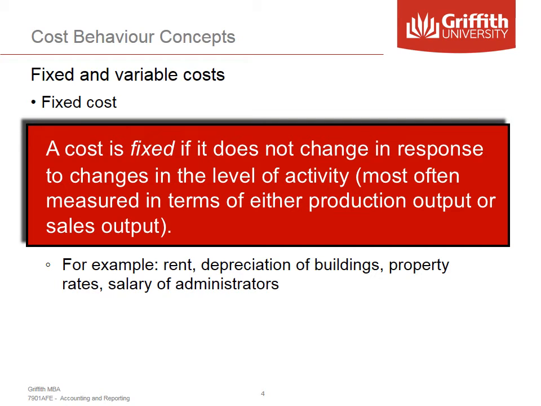There are some examples there of fixed costs: rent of your office premises or of your factory, depreciation of buildings, property rates, the salary of administrators. None of those costs will be different whether we produce huge volumes or whether we produce tiny volumes, or whether we sell huge volumes or whether we sell tiny volumes.